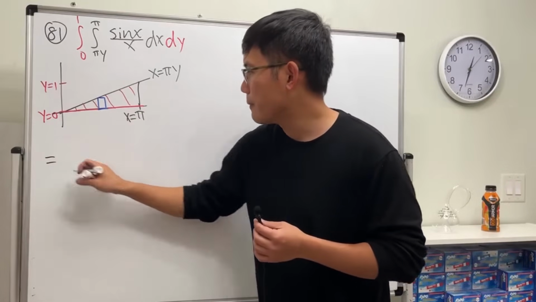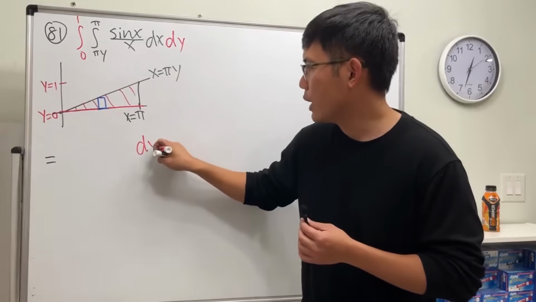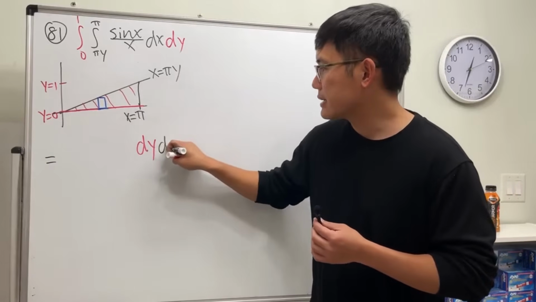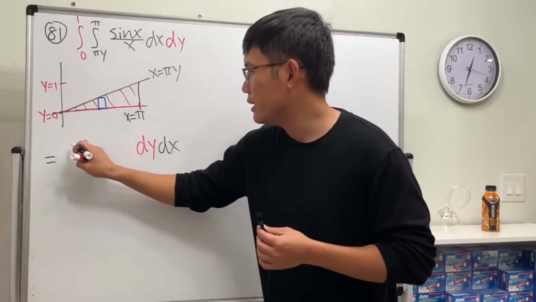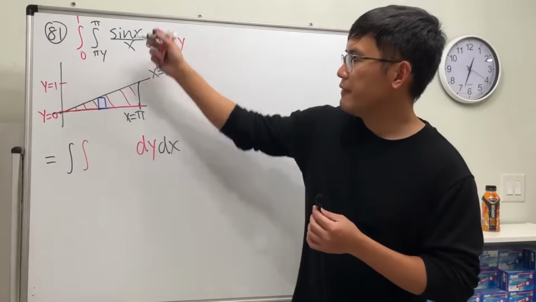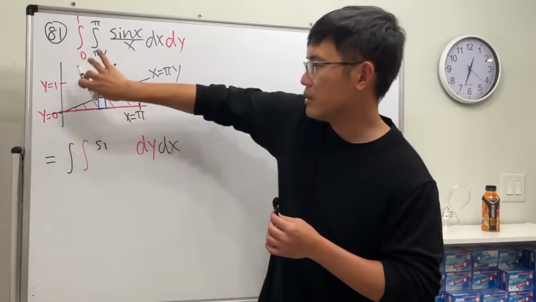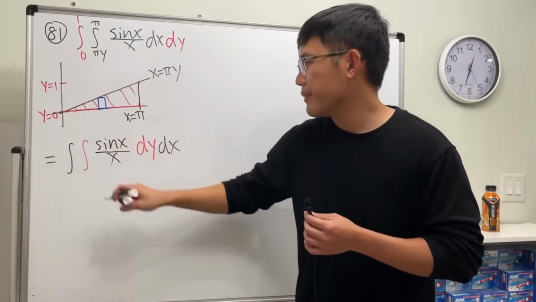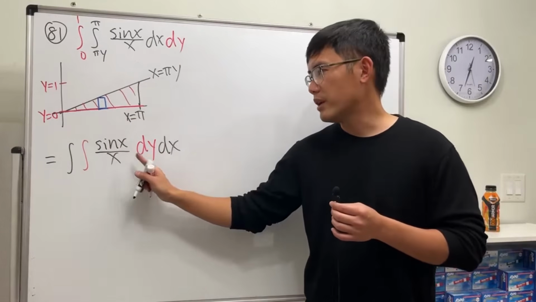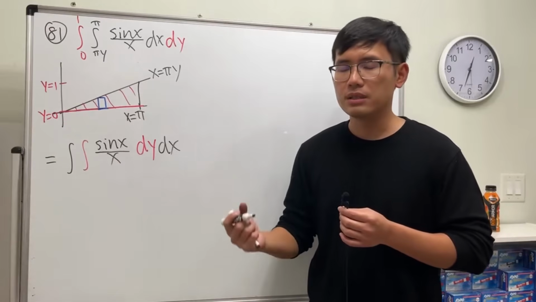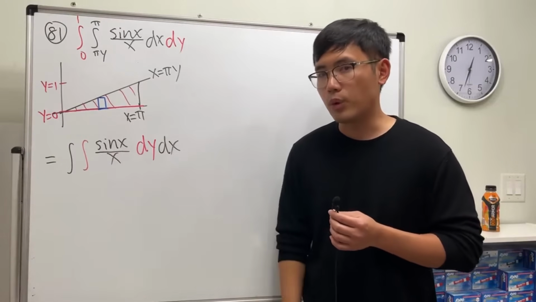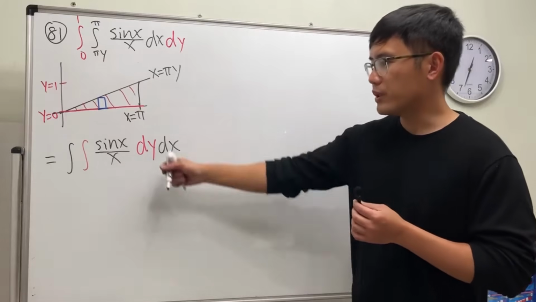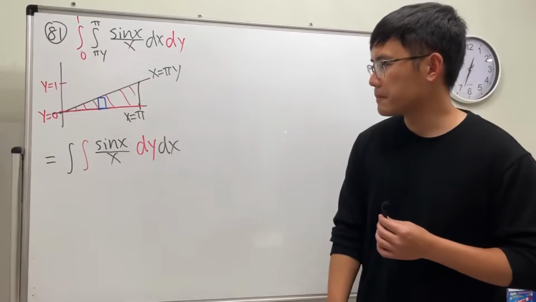So I want to have dy going first, and then dx, and then dx will be it's black. And the function inside does not change. It still does a function right here. So we'll still have the sine x over x. So if we have the dy right here, integrating that, it's so much easier because x is like a constant in the y world. I'll show you guys how to integrate that in like a second.